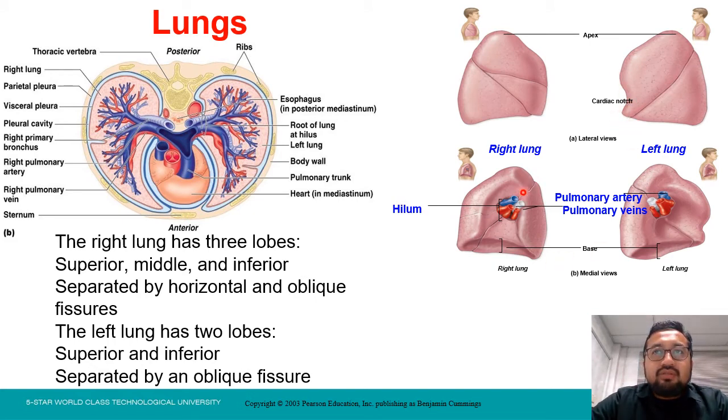Okay, so from inside, from the medial view, there's a pulmonary artery here and a pulmonary vein. Okay, if you realize, kalau kita perasan, kalau kat tempat lain vein ni adalah yang membawa carbon dioxide, while artery will bring the oxygen, as we have discussed in cardiovascular system previously.